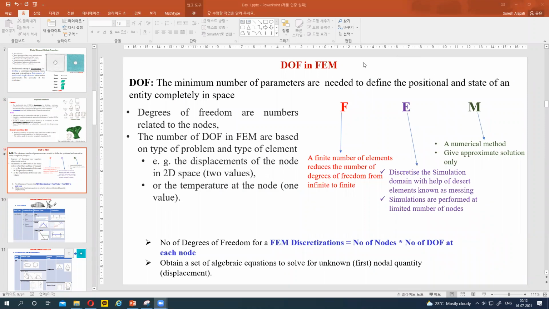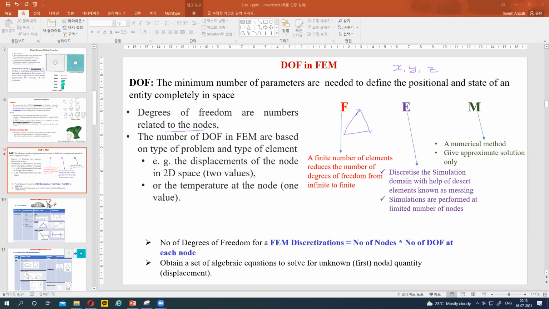So it is related to the number of nodes, and here we consider a structural problem, where we have x direction, y direction, and z direction displacements. It also depends on the type of problem.